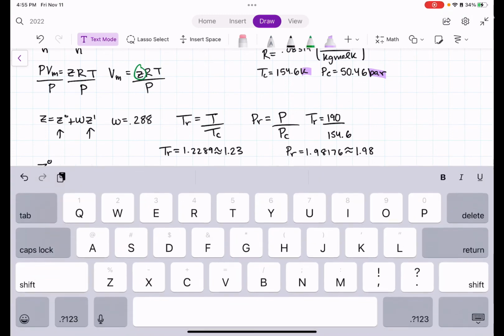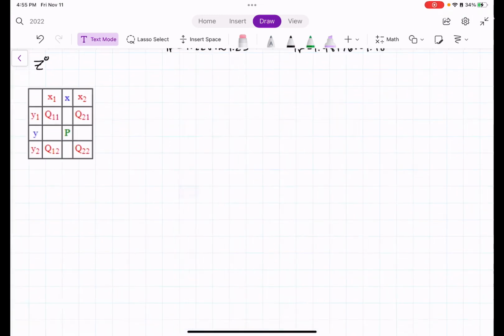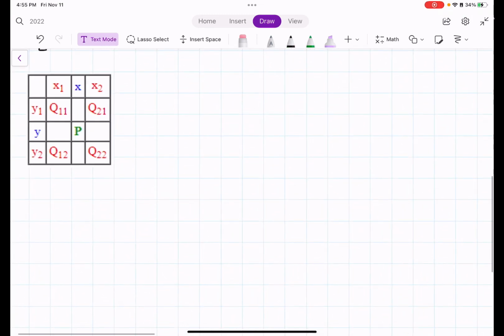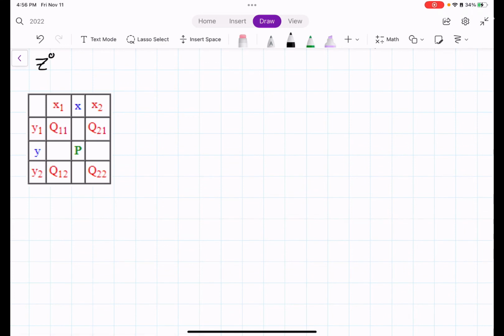So using that table, I'm going to write down what I saw in my Z naught tables. I had TR and PR values. The TR values I chose were 1.2 and 1.3, because 1.23 is in between 1.2 and 1.3.